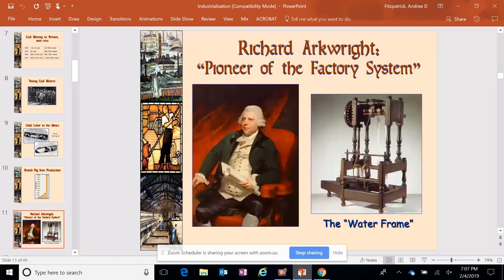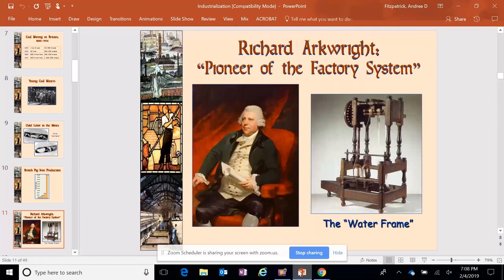You also have a lot of other innovations during this time period, and one of the main transitions and why the textile industry is the first industry to experience industrialization is that the textile industry was the main cottage industry in England, meaning that people in their homes were able to spin thread by hand, they were able to sew by hand, and it was a very small system that a lot of families engaged in.